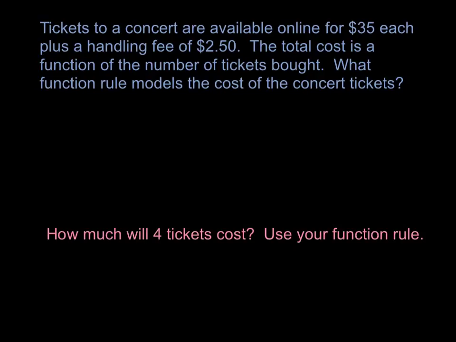The total cost is a function of the number of tickets bought. Depending on how many tickets we buy will determine the output value of our cost. So the independent variable is the number of tickets because we get to choose that. The dependent variable is the total cost, and that depends on the number of tickets.